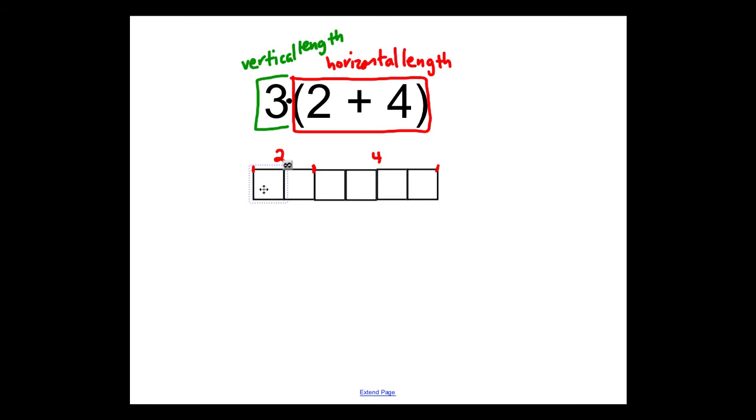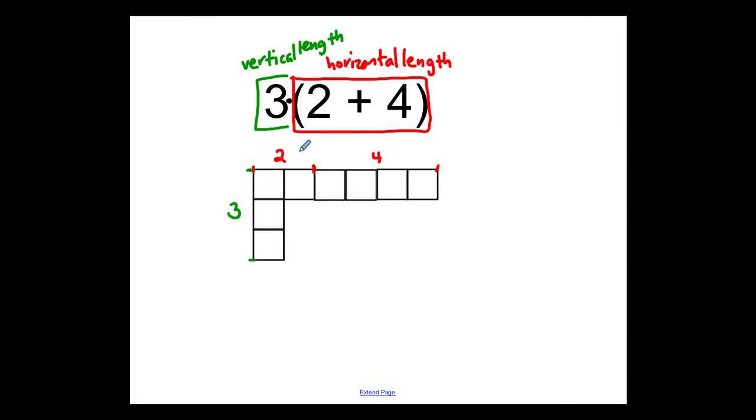Right now it's 1 unit long. Two units long. 3 units long. So this is my vertical length right here of 3.